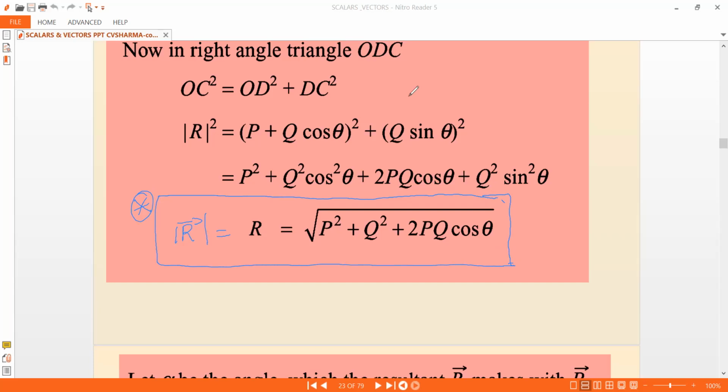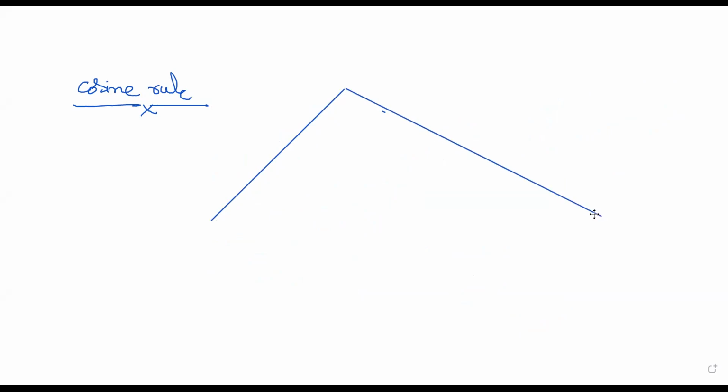So what is the cosine rule basically? Let's first understand the cosine rule. It says that if you have a triangle, I have drawn a triangle over here.